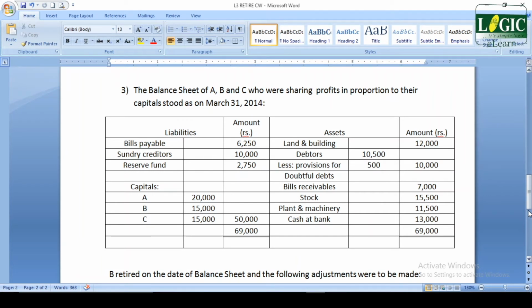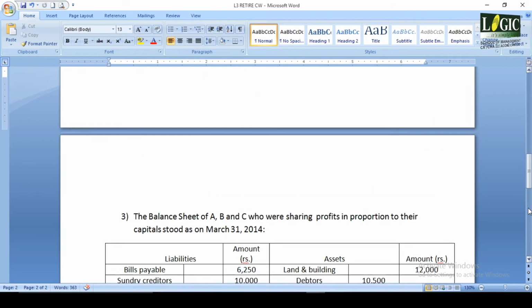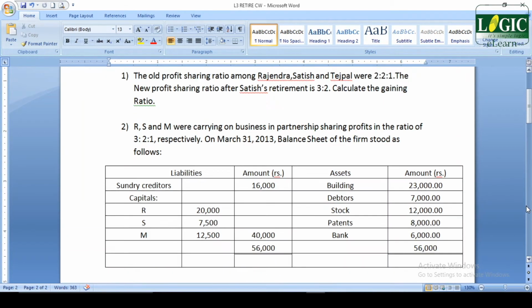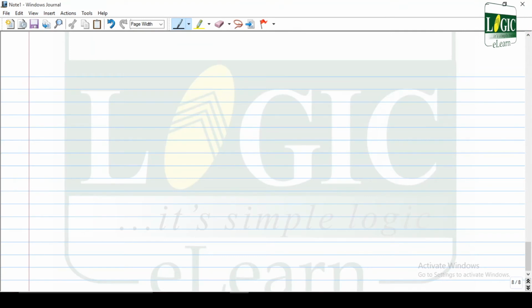The person who is retiring, who is waving bye bye, no need to adjust his capital, but the continuing partners' capital accounts are to be adjusted. So this is the problem, and we will see how it can be solved. Okay, so we will see how this is possible.